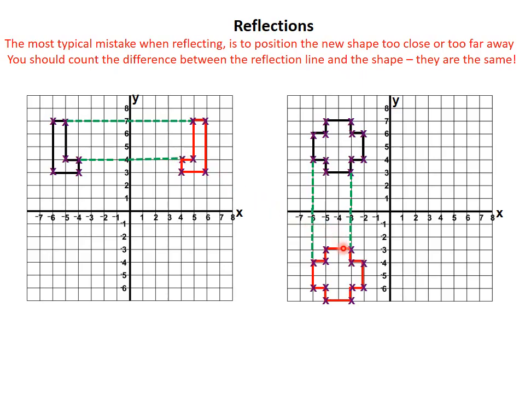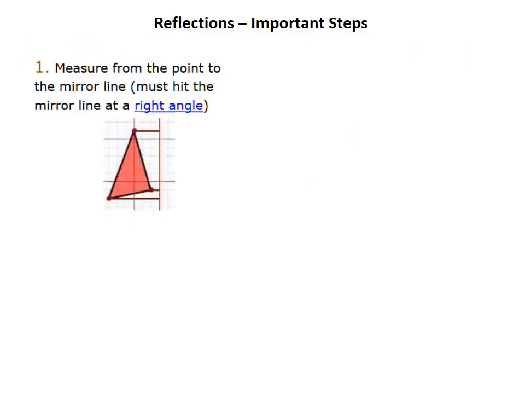In the case of this one, remember our mirror is here. So we're going to count from this line to the original shape and this line to the reflected shape. So the important steps when we're doing reflection are measure from the point to the mirror line, and remember it must hit the mirror line at a right angle.